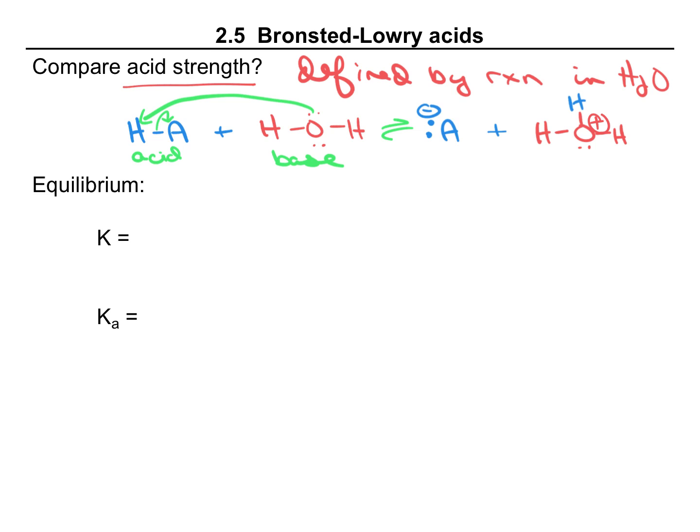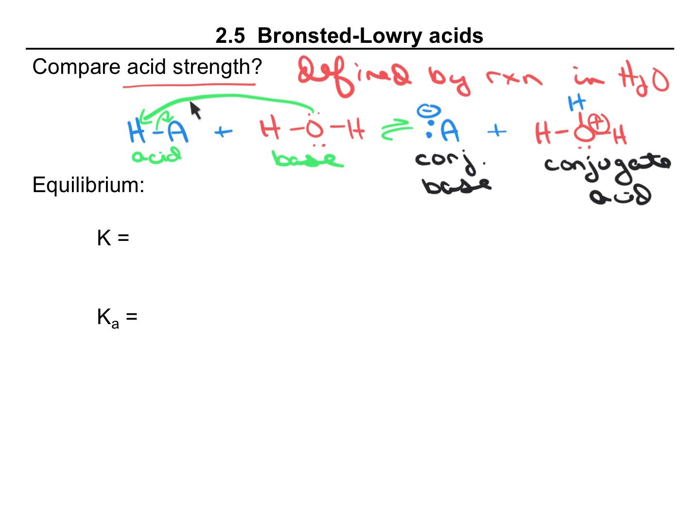Because we have the forward reaction and the reverse reaction, let's identify our species in the reverse reaction. In the reverse reaction, this would act as the base, grabbing off a proton to form HA and water. And so we call this our conjugate acid, and this is our conjugate base.